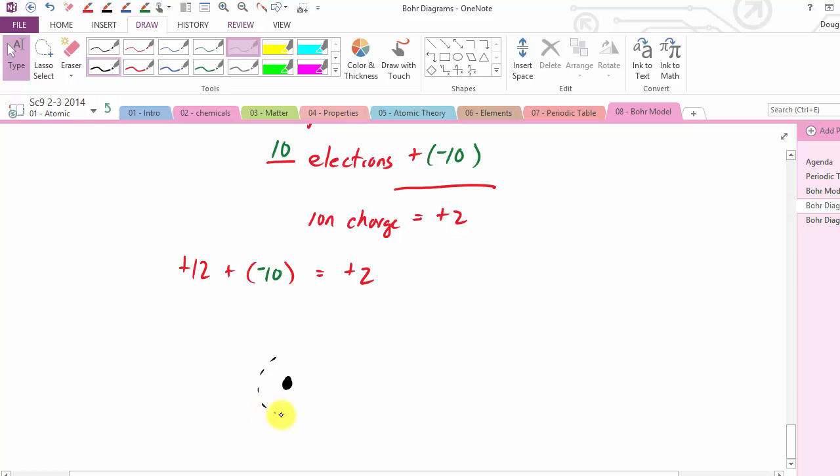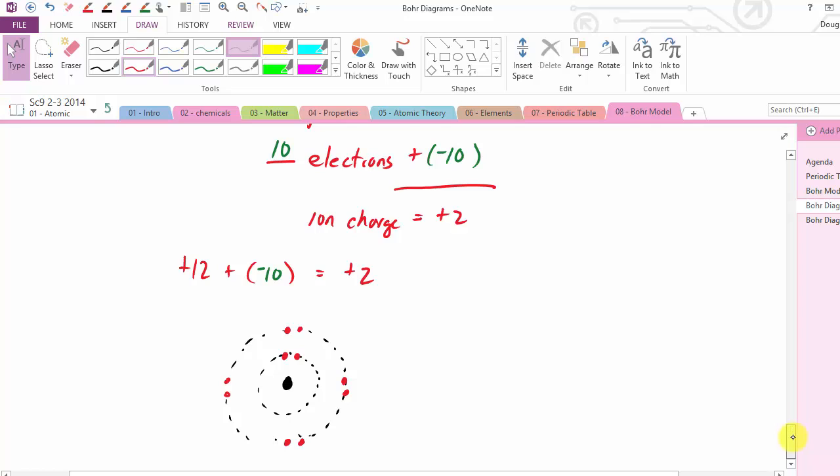There's your nucleus. So we have 2 electrons in the first shell. Second shell there's 4, 6, 8, 10. There's your Bohr diagram for magnesium.